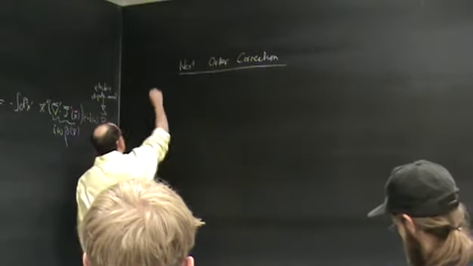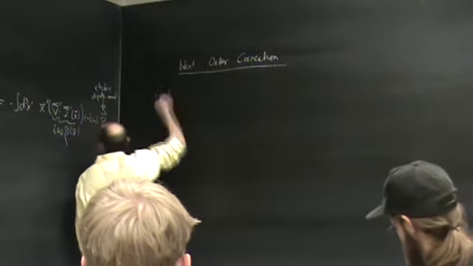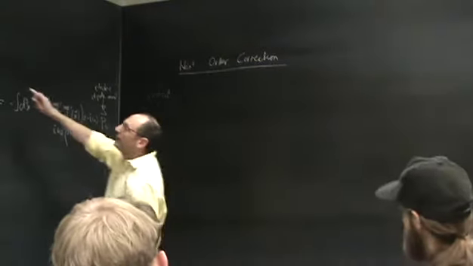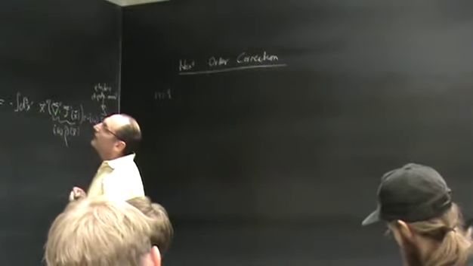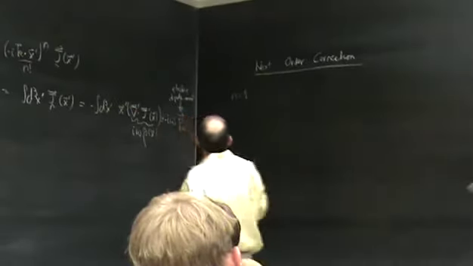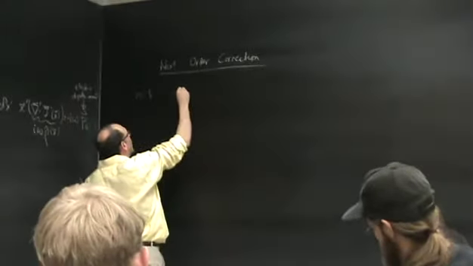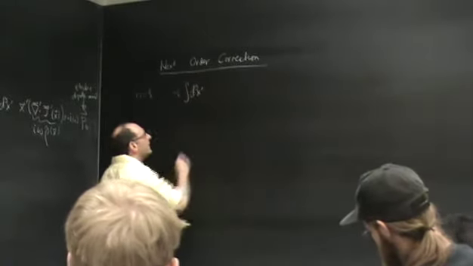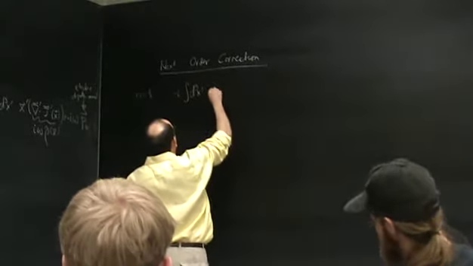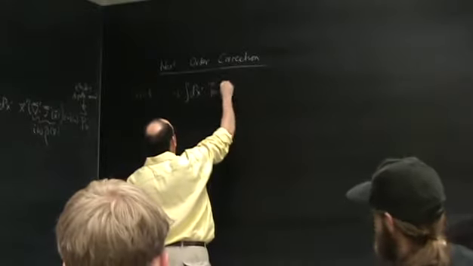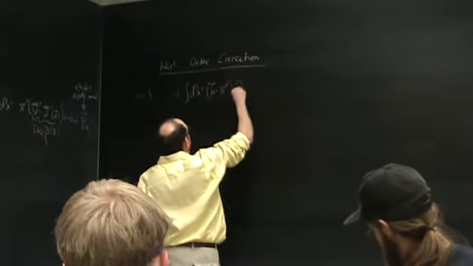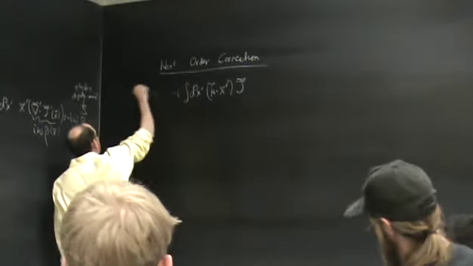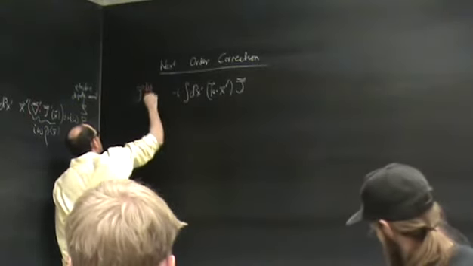So, n equals 1. Now we have to have the n equals 1 term here, and what we get is minus i, the integral over space k dot x prime j. So this is what I'm calling now J1.